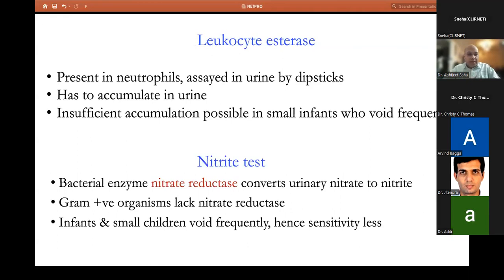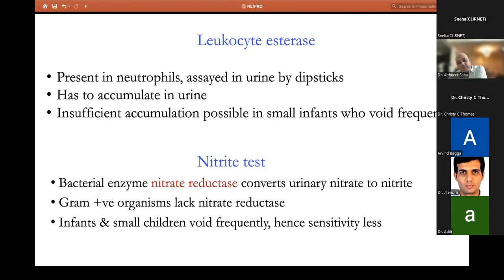Similarly, nitrite test, it detects the bacterial enzyme called nitrate reductase, which converts the urinary nitrate to nitrite. And it is also a very handy test for screening of urinary tract infection. Again, gram-positive organisms lack nitrate reductase, so it detects gram-negative organisms, which obviously are the major causes of urinary tract infection.